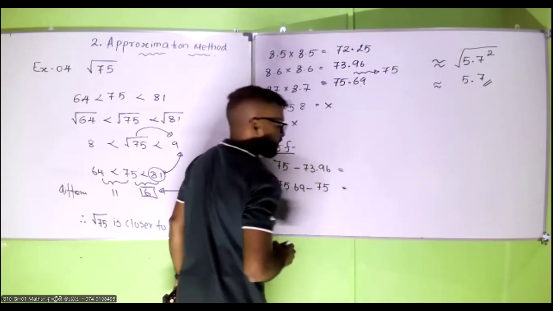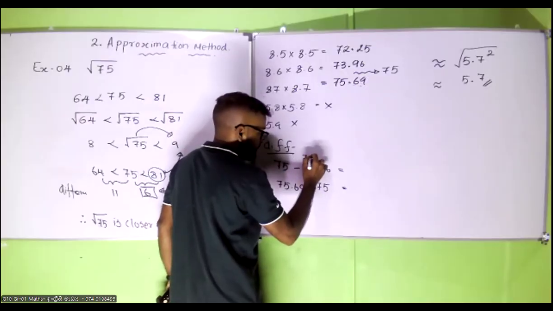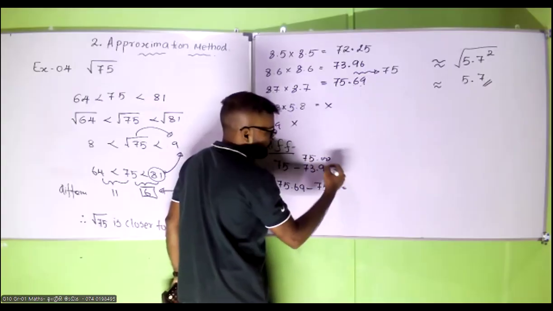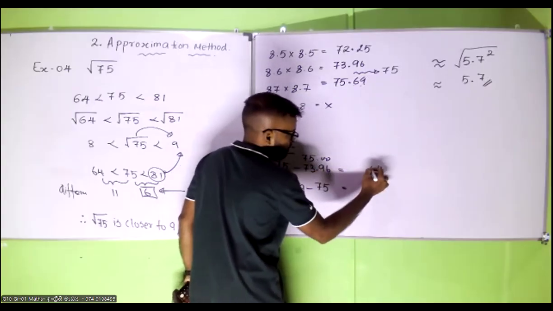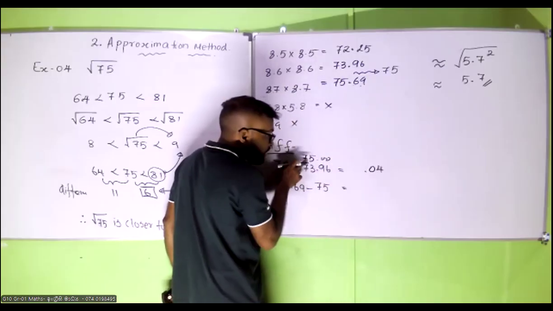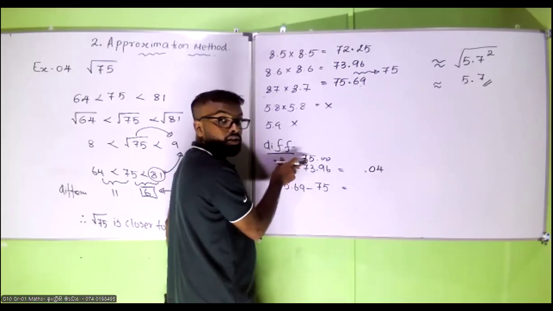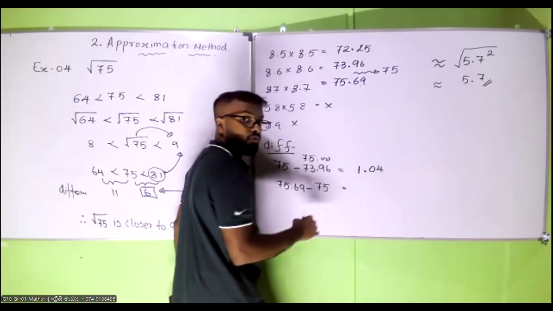Get the difference. Here, if you take 75, 0, 0. So take 10 minus 6, 4. Here 9 minus 9, 0. Here we have 5, I have taken 1, the remaining thing is 4. 4 minus 3, 1. 1.04.